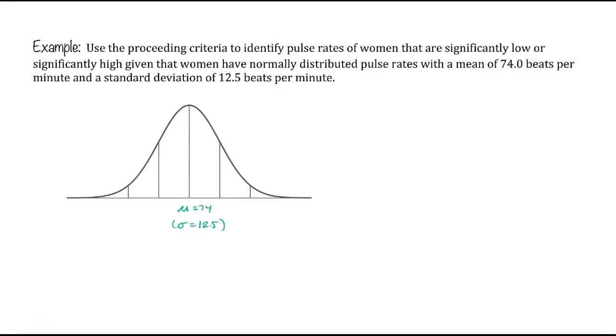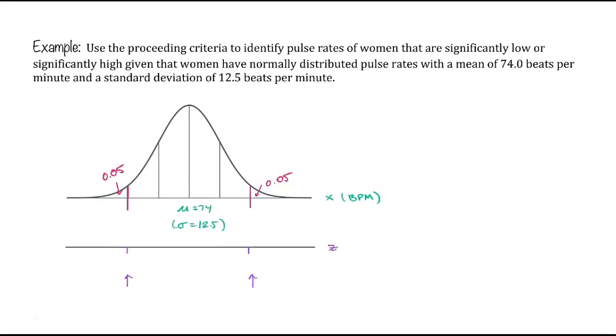We want to find the thresholds so that 5% is left in the left tail and 5% is left in the right tail. Our x values here are beats per minute. And translating this to z-scores, notice that this z-score will have a left area of 0.05, and this z-score will have a left area of 0.95.